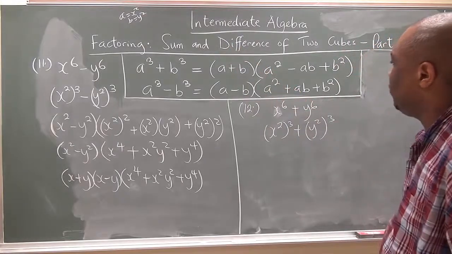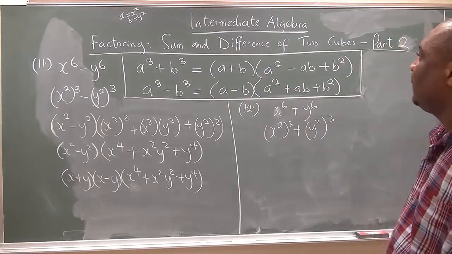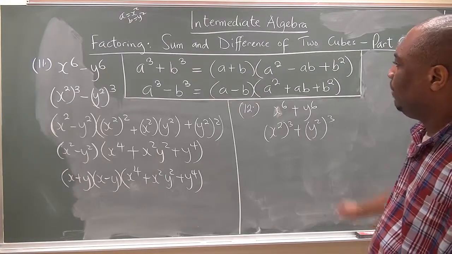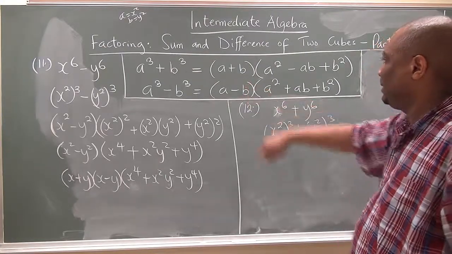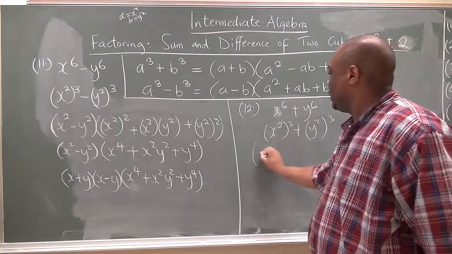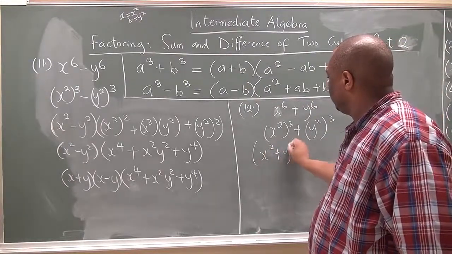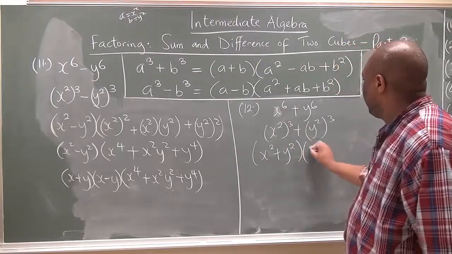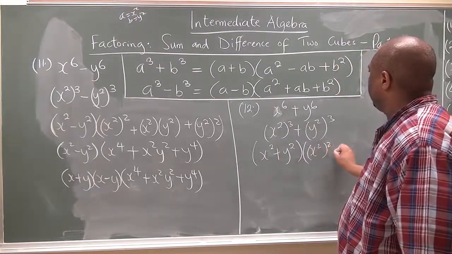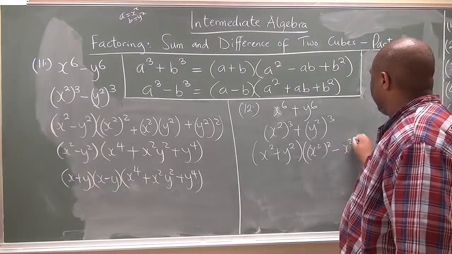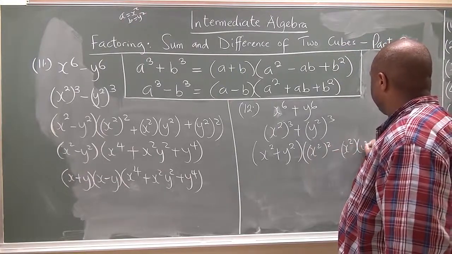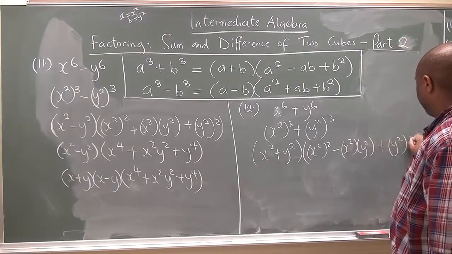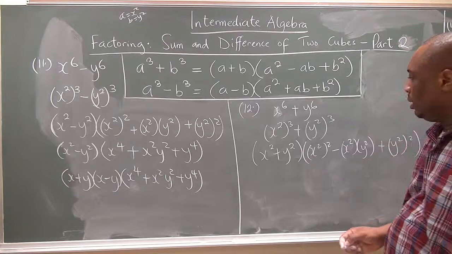Our a is still x squared and our b is still y squared, but here we use the sum of cubes instead. So this will be x squared plus y squared, then x squared all squared minus x squared times y squared plus y squared all squared.